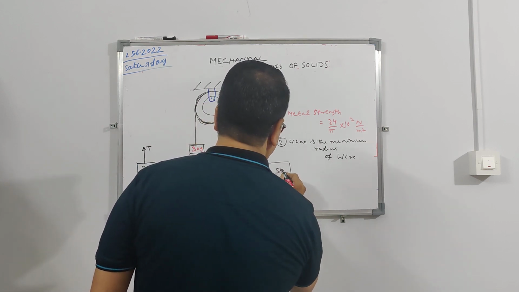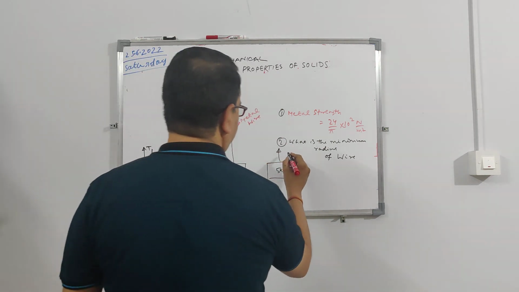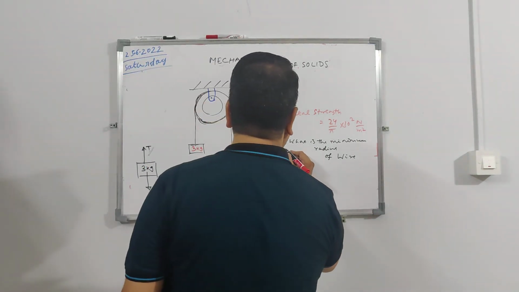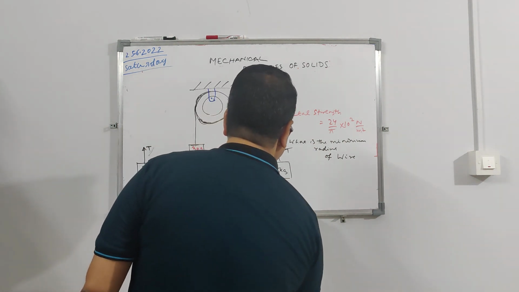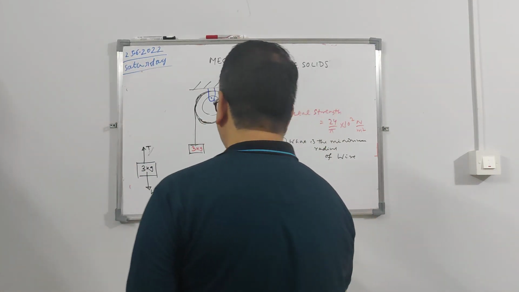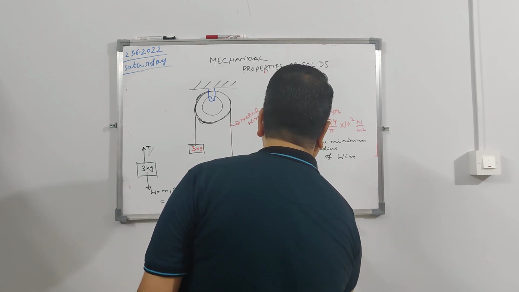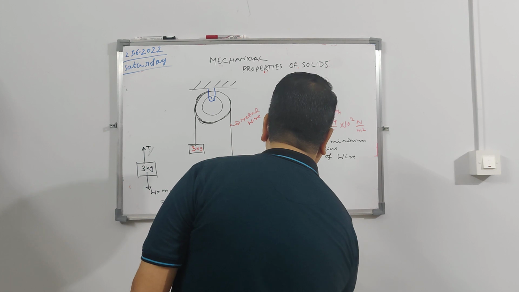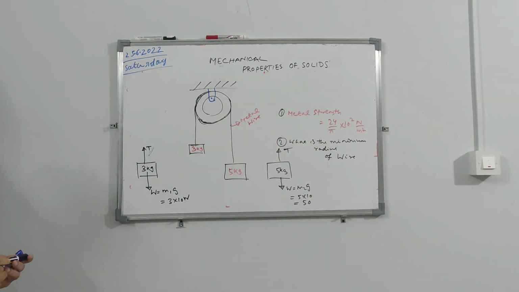If I draw the free body diagram of the right side body, it is 5 kg, and here also there is tension T. The tension will be common on both sides, the tension is the same. Here the weight acting is m2 into g, which is 5 into 10, 50.